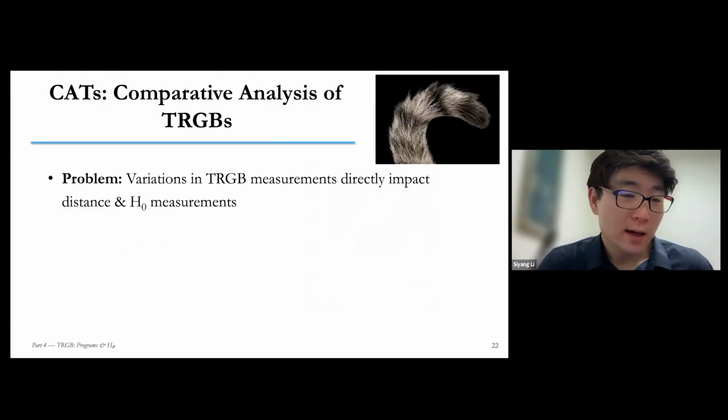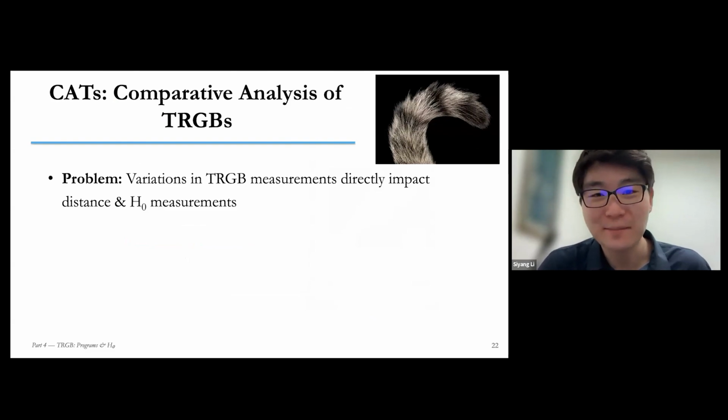Now, there's another effort done recently called CATS, the Comparative Analysis of TRGBs. This group, which I was also a part of, started this effort to measure TRGB-based H naughts, but first addressing a problem that we observed in many TRGB measurements.